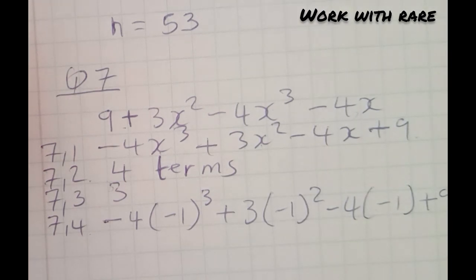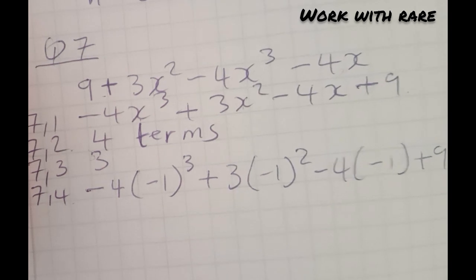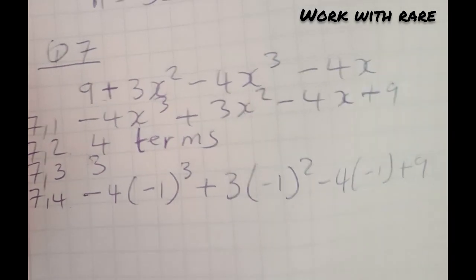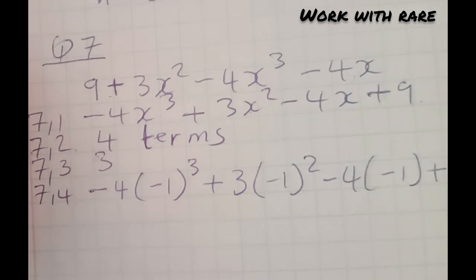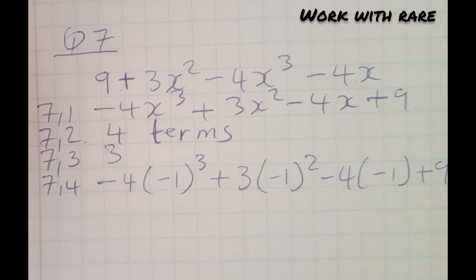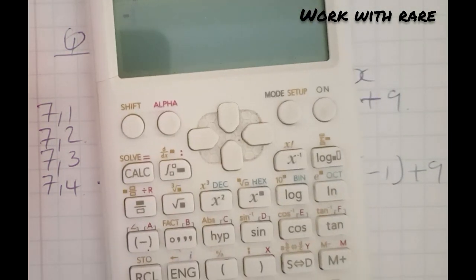So after you substitute it like this, you'll have to press it on your calculator exactly as it is. You'll have to take your calculator and press the negative button.